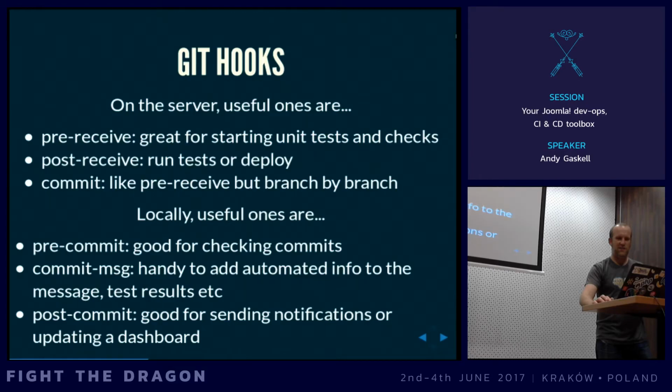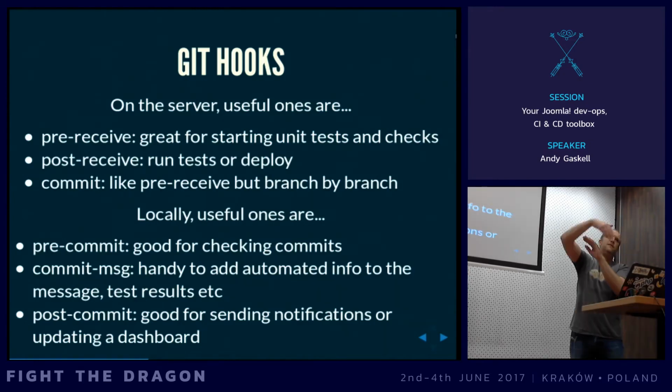But for example, if you used the commit one and you had dev, stage and prod, whenever you committed to dev it ran the automated steps, but whenever you committed to prod, it would just do the deploy. So you can have a nice flow like that.